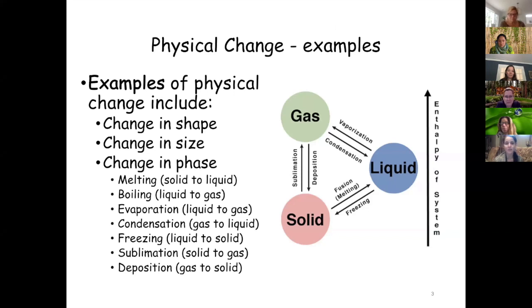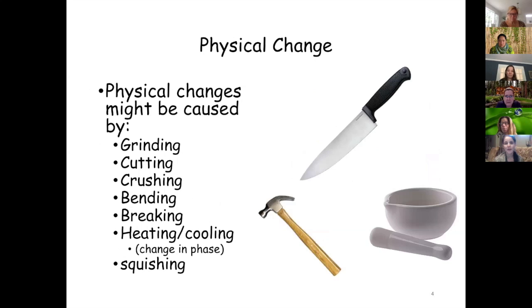If we freeze water, it goes from a liquid to a solid. These are all some examples of physical changes. A physical change can be caused by grinding, cutting, crushing, bending, breaking, heating, cooling, swishing. All of those things can cause a physical change when something actually just looks different.